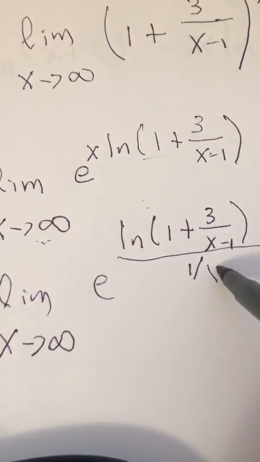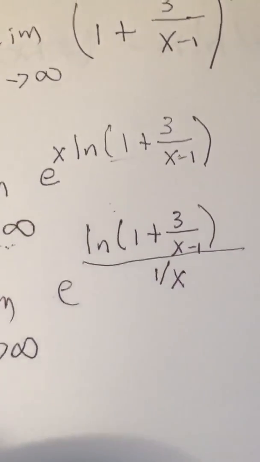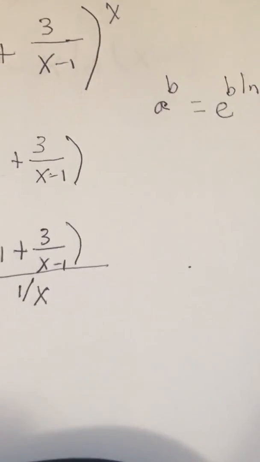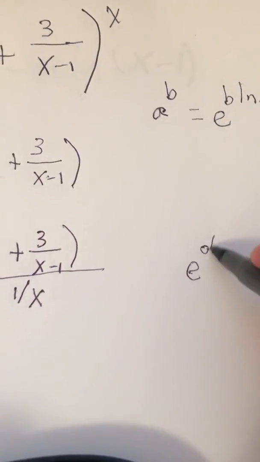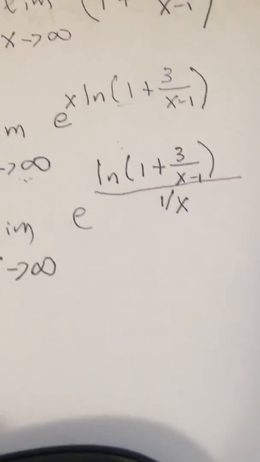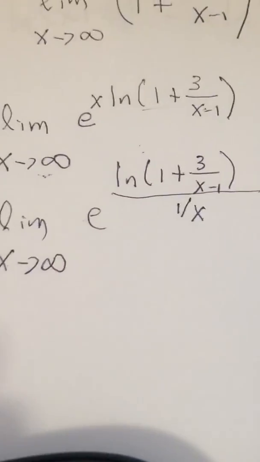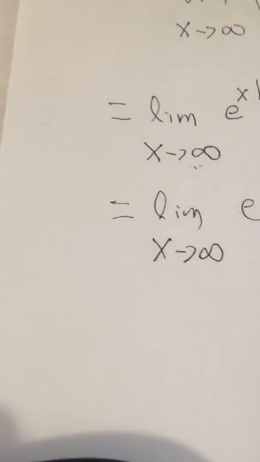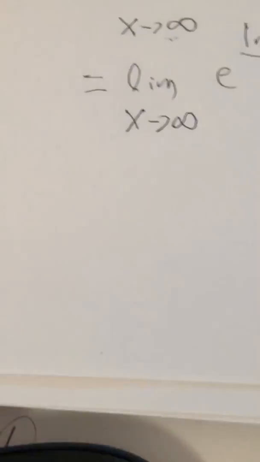All I'm saying is that x is the same thing as 1 over 1 over x. So what we have here is e to the 0 over 0. 0 over 0, of course, is indeterminate. So I'm passing the limit operation into the exponent. Again, up to this point, it's really just been algebra.